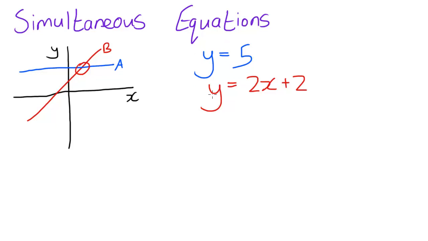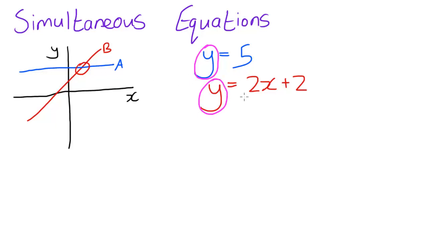So what I'm going to do is say, right, these two have to be equal to each other in order for these two to be the same. I need to find this point here where both of these are the same. So y is here and y is also here.